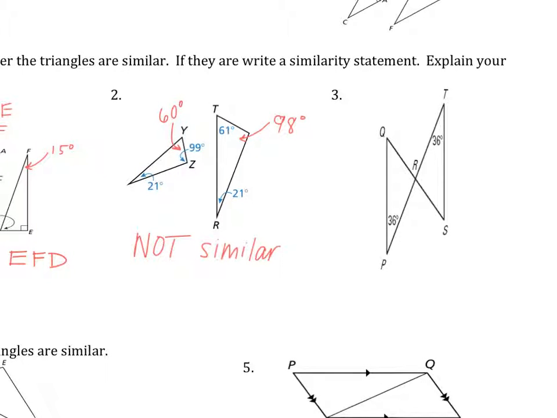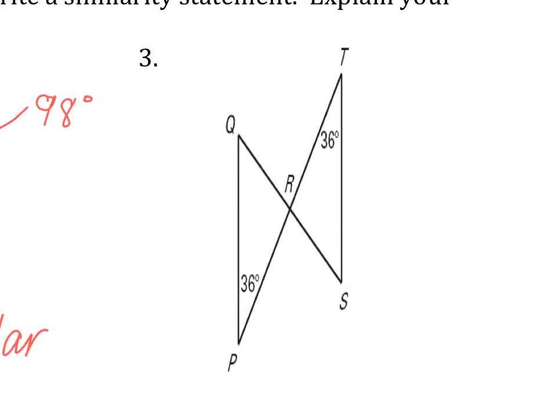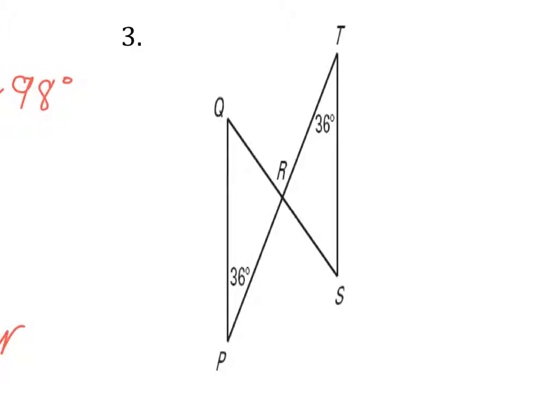And then number 3. You already have one. You can't solve for the other two right now because you would need two triangles to find the third. But how could I prove these triangles similar? Vertical angles. Nice. These two in the middle, which we could call 1 and 2, are congruent because they're vertical angles.